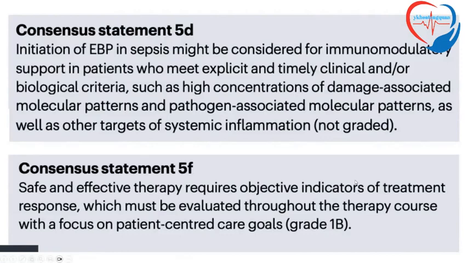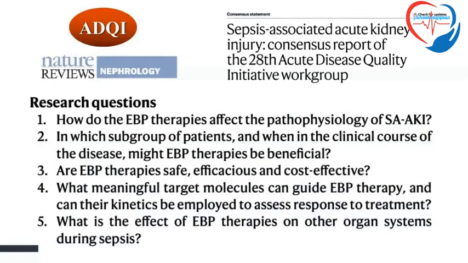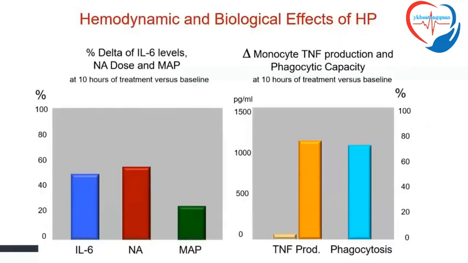For this reason, we have research questions that represent the research agenda in this field, including: what is the effect on pathophysiology, and in which subgroup of patients, since we have to identify the right subgroup? Are they safe? What are the meaningful target molecules? And finally, what is the effect on other organs?